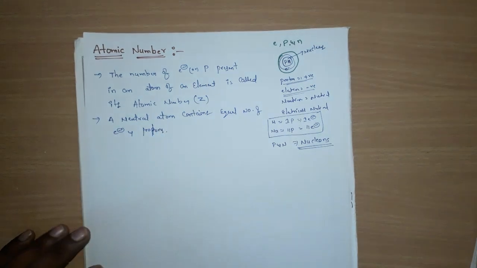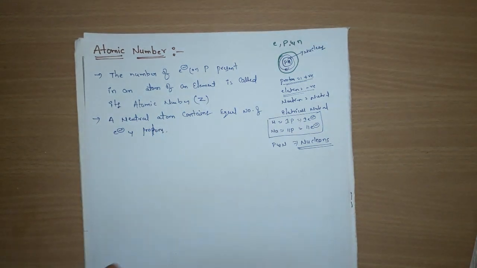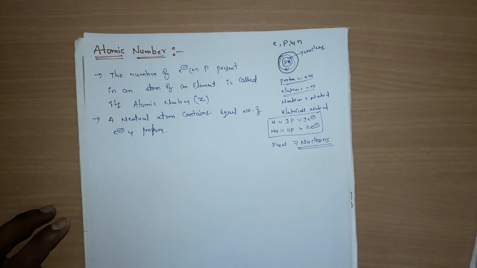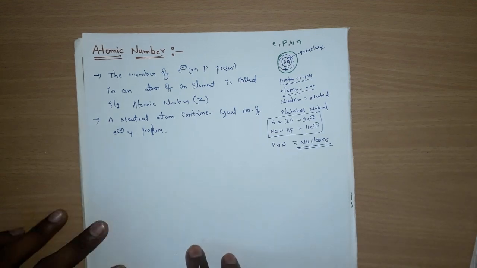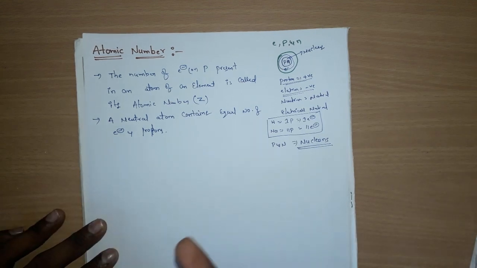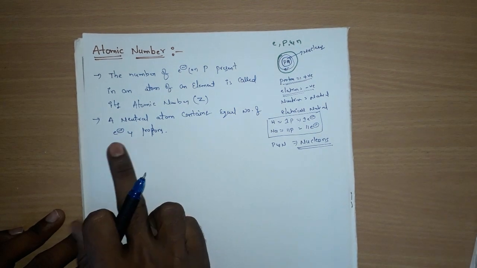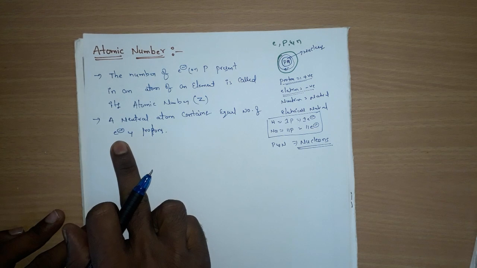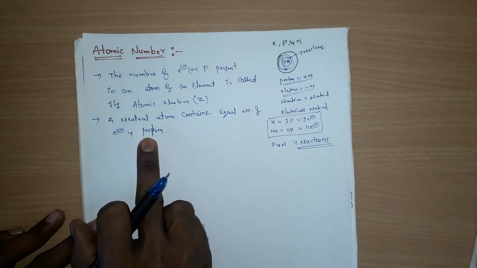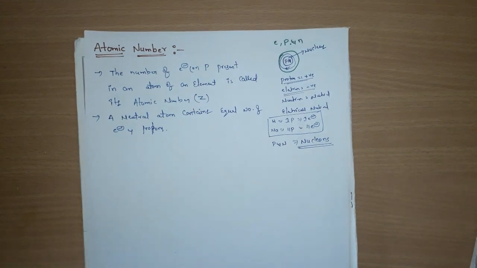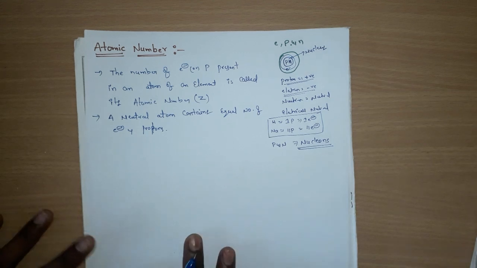Neutral means the atom does not have any charge. A neutral atom contains an equal number of negative charge and positive charge. Here negative charge is nothing but electrons, and positive charge is nothing but protons. So that's why a neutral atom contains an equal number of electrons and protons.